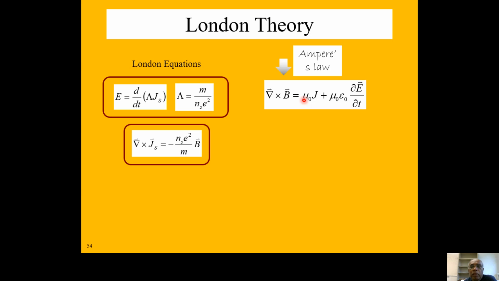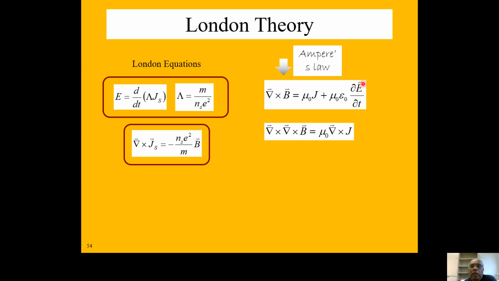Now I'll start with Ampere's law, the fourth law of Maxwell's equations. That is grad cross B equals mu 0 J. But here there's no displacement current, so we can forget about the last term.